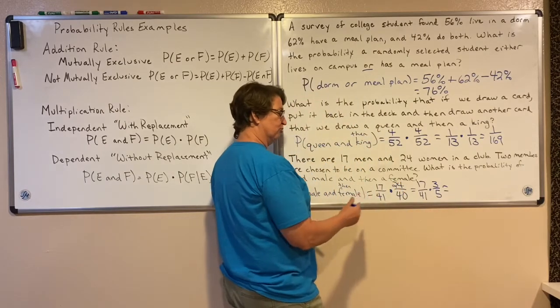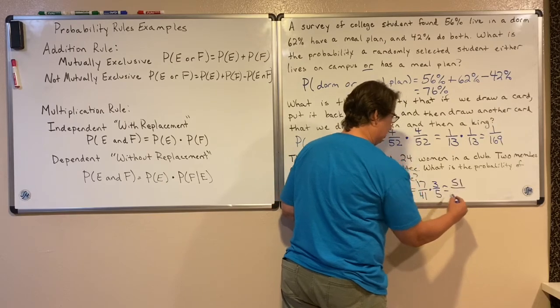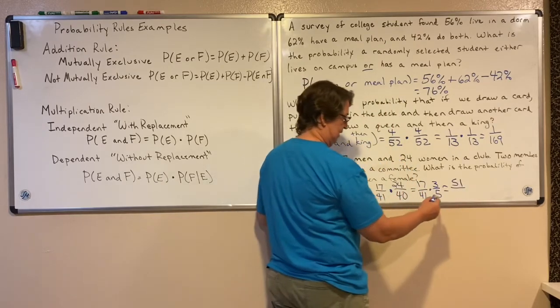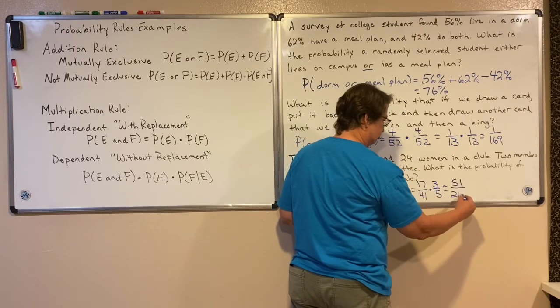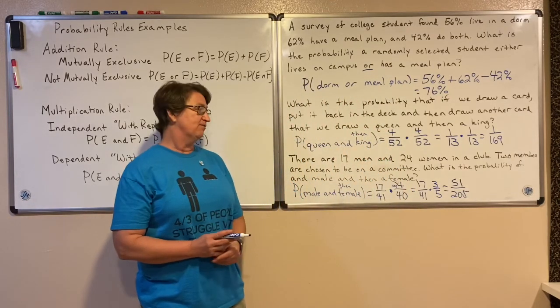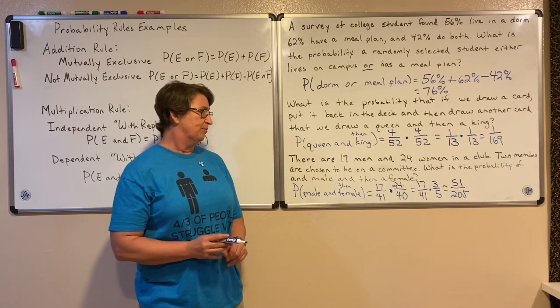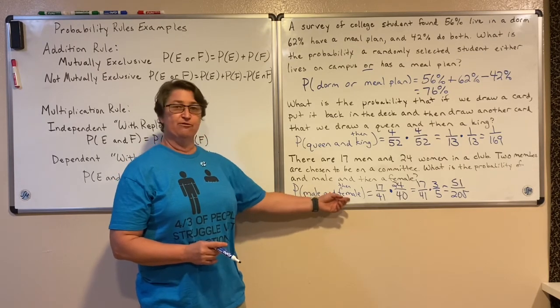So now I do this multiplication, and I end up with 51 over 5 times 41 is 205. So 51 out of 205 is the probability that I get a male and then a female.